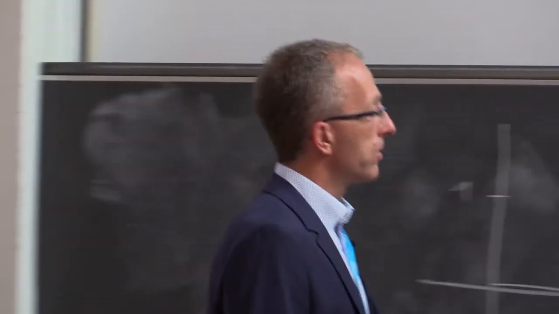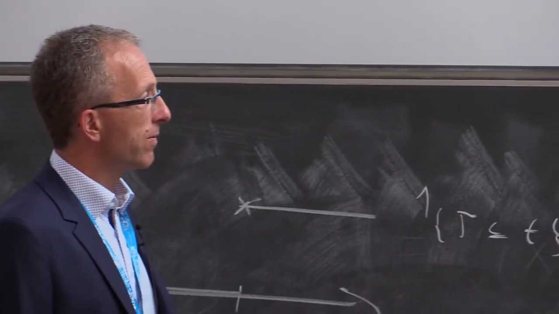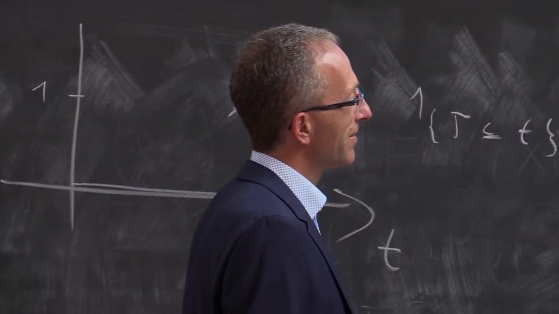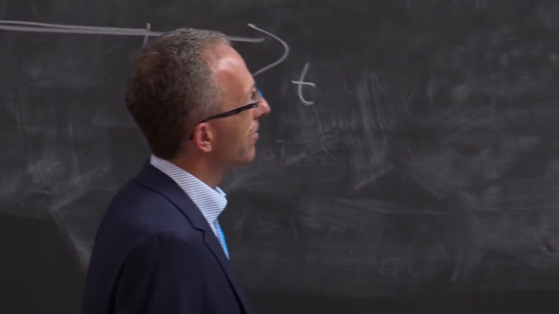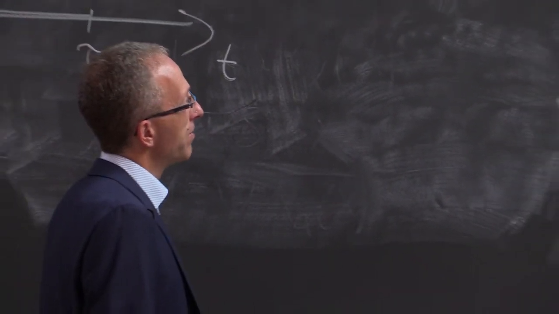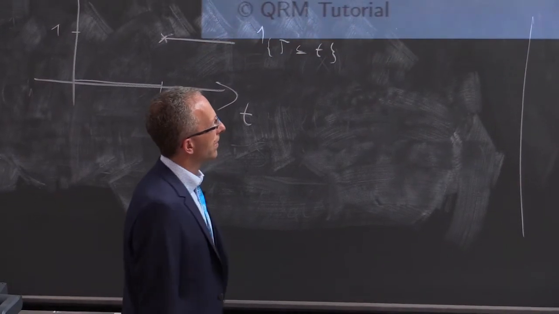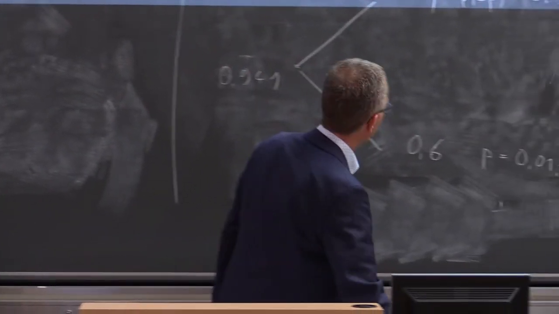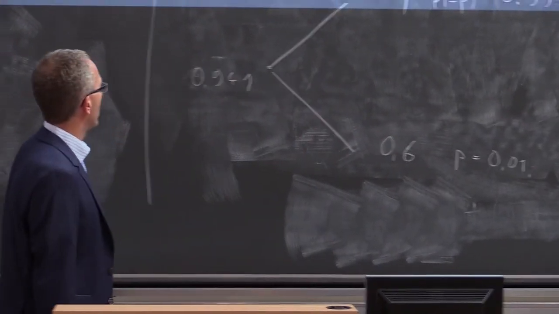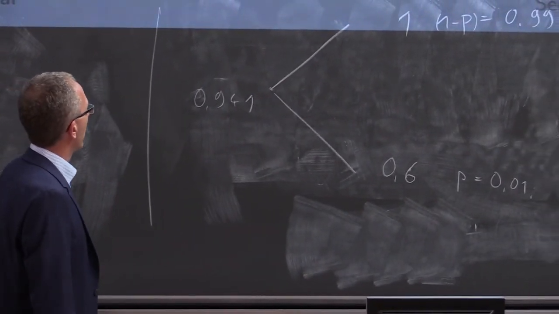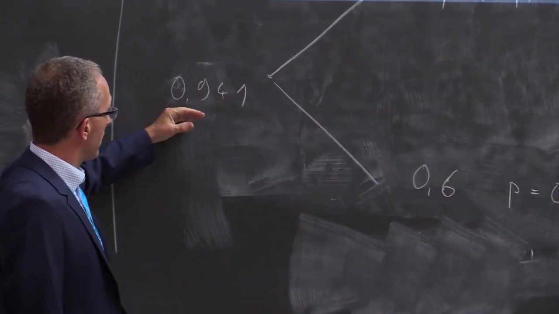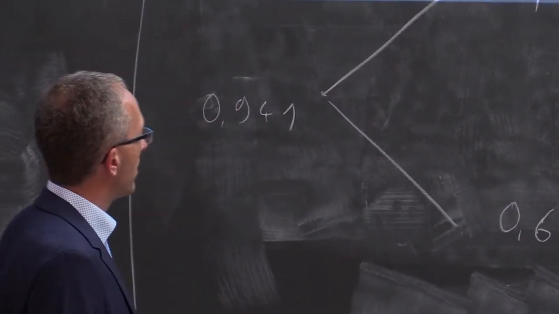And for those of you who have not seen this before, I think most of you have, I have a very simple example here. It's the example of a corporate bond or defaultable bond, and this bond has a current price of 0.941, and there are two possibilities.